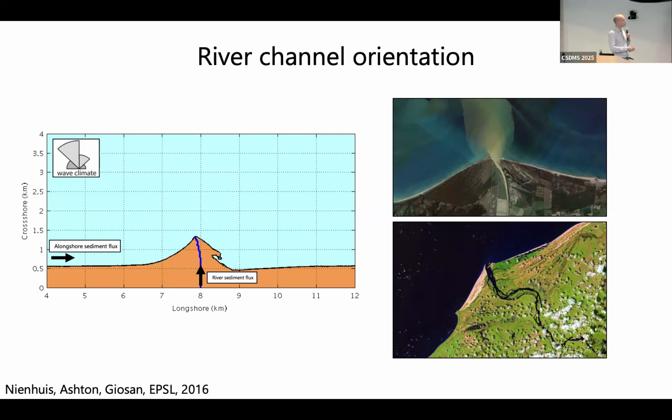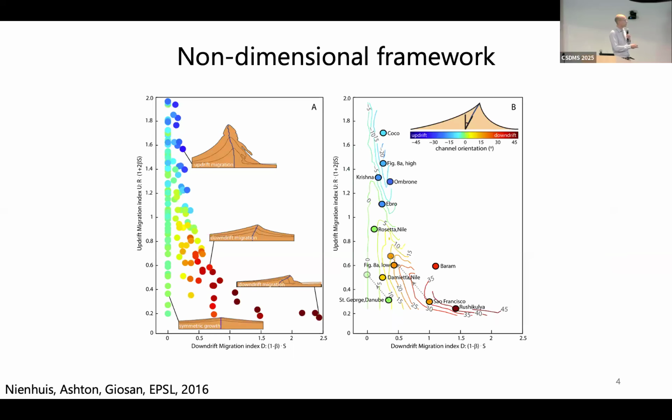And in trying to learn something about river channel orientation, you can't really do this one-to-one comparison against any delta in particular. What we do instead, and I think in that process we learn a lot about river channel orientation, is we try to run many different model simulations and come up with some non-dimensional framework that allows us to really get into the mechanics of what sets these river channel orientations.